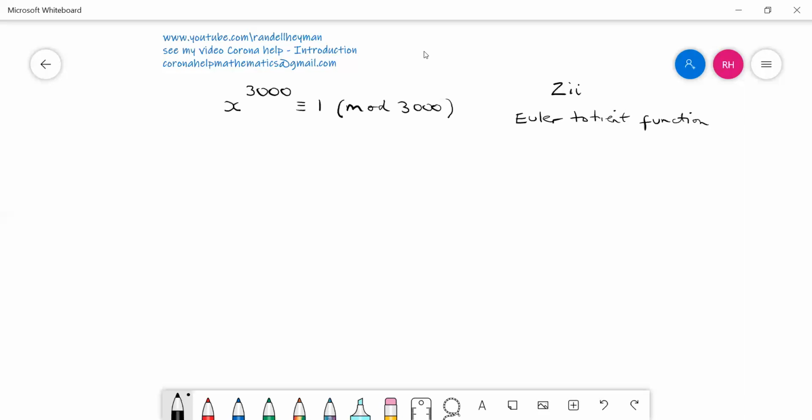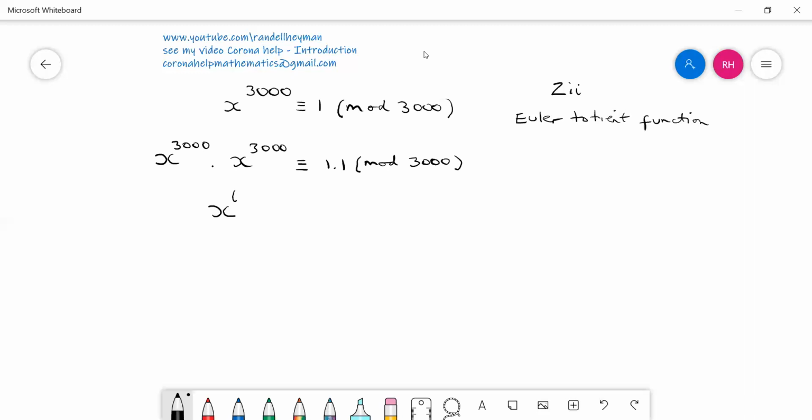In modular arithmetic there's nothing wrong with multiplying in the normal way. So I can multiply both sides by x to the 3000. That's perfectly okay. You can add, multiply and subtract in modular arithmetic without problems. Division is a different problem. Do not divide in modular arithmetic unless you know what you're doing. On the left-hand side, I can use the normal exponent rule and add the powers.